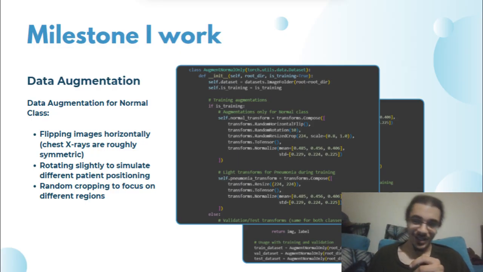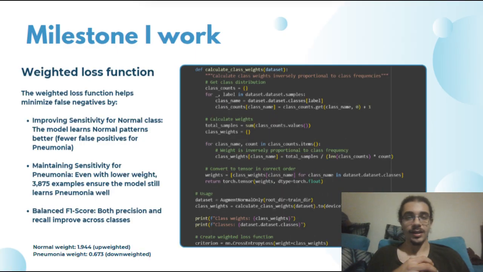This worked kind of well. The data augmentation definitely helped, which made us think to add a weighted loss function as well. So we added that, and after adding a weighted loss function, it was our best performing model.